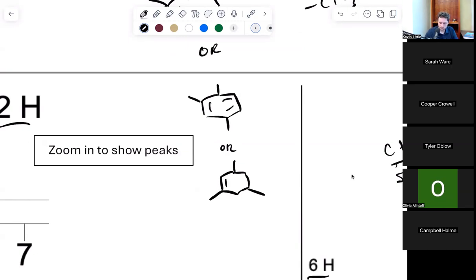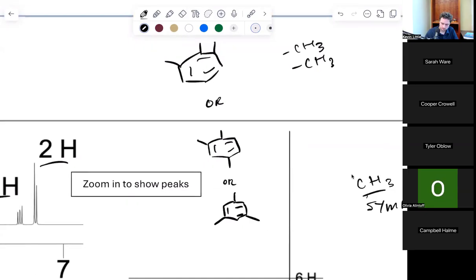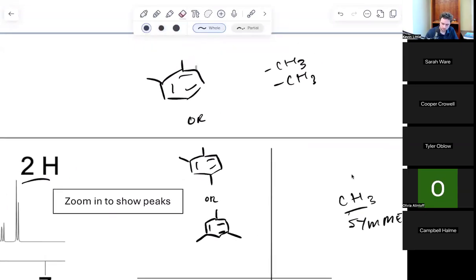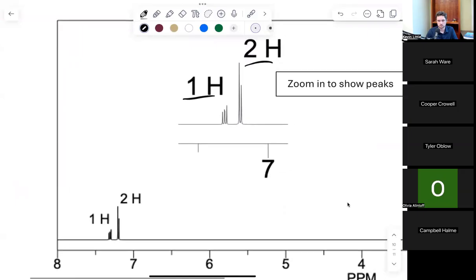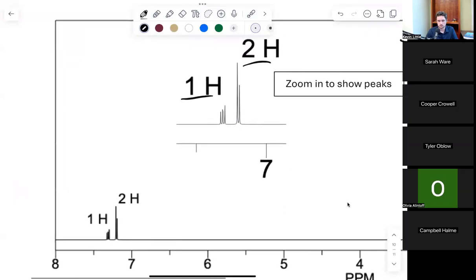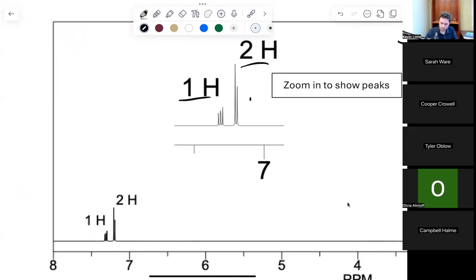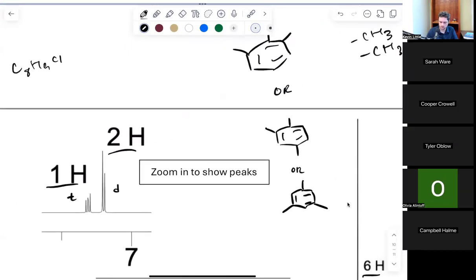Those are the only 3 ways I could have a tri-substituted benzene. Well, that's when we have to look at the splitting of benzene. That tells us a lot. So it looks like I have a doublet and a triplet, a 2-hydrogen doublet and a 1-hydrogen triplet.